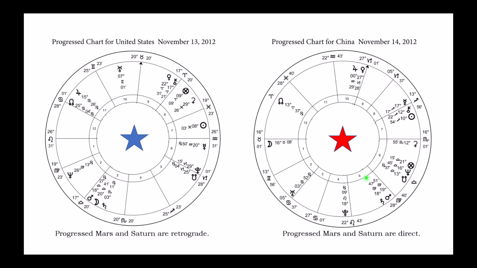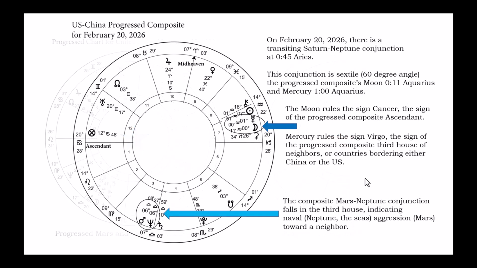Thus, it is essential to study the underlying charts used to form the progressed composite chart, so you get an accurate sense of how the progressed composite positions will change over time.